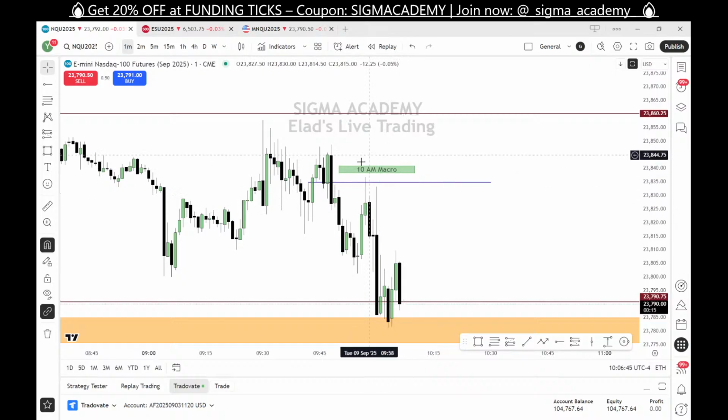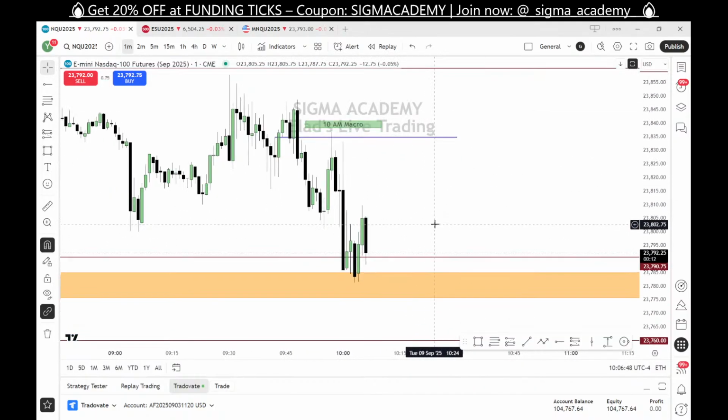Just in a macro time, we tapped into this liquidity. Coincidence, huh?